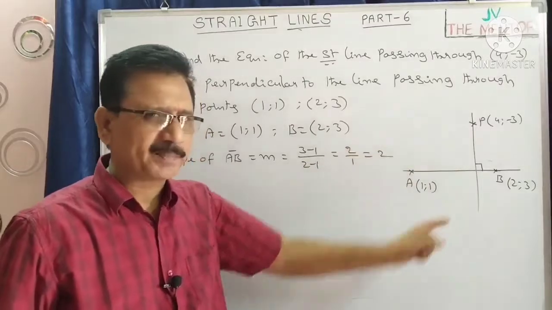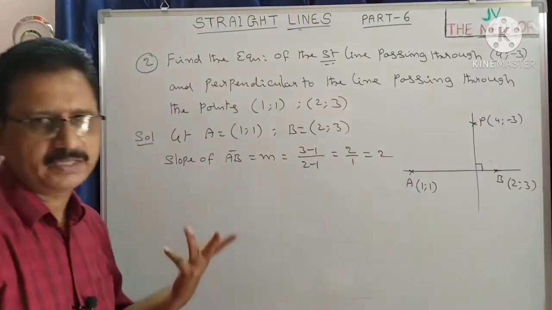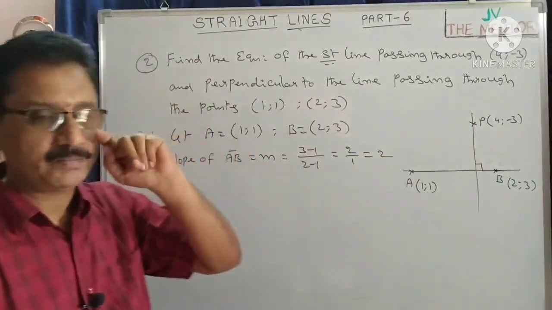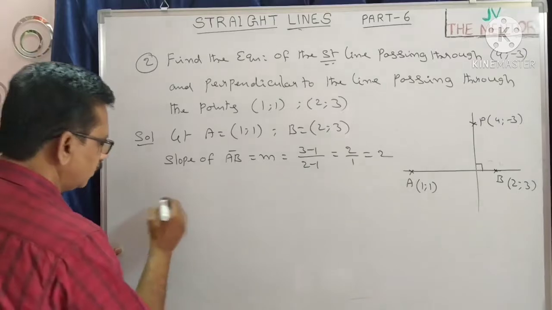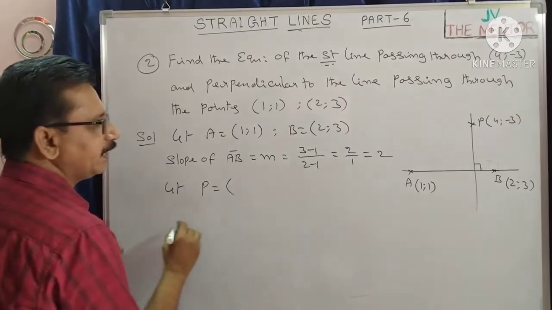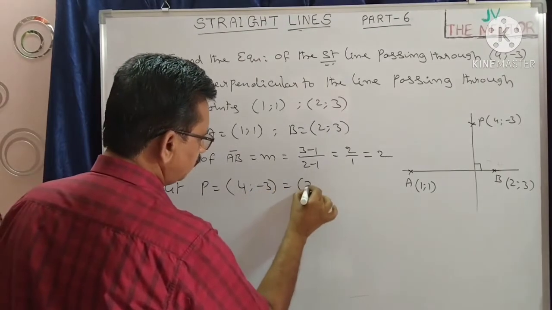Then the slope of the perpendicular line is minus 1 by m. Now the perpendicular line is passing through the point P, 4 comma minus 3. So here let the coordinates of P, 4 comma minus 3, be x1 comma y1.